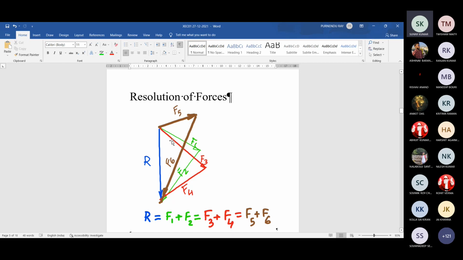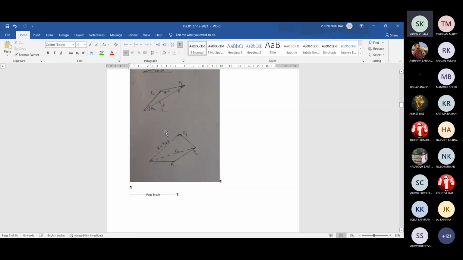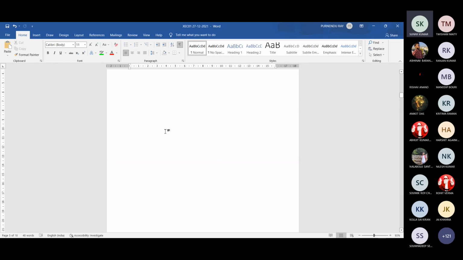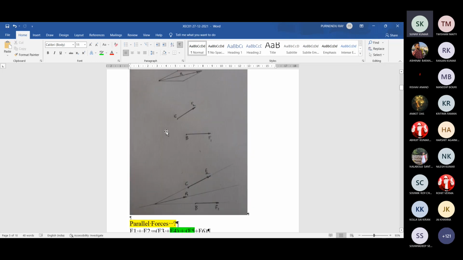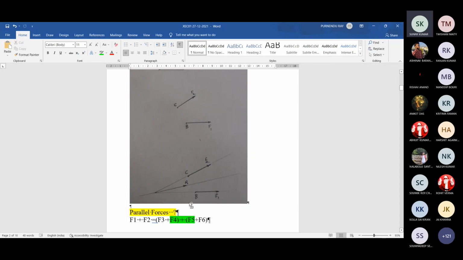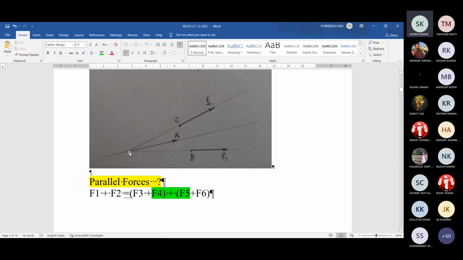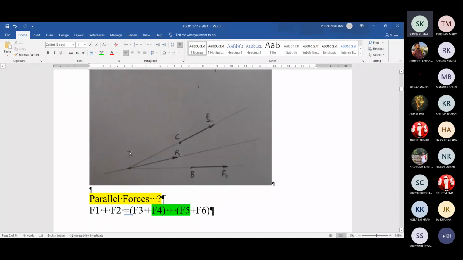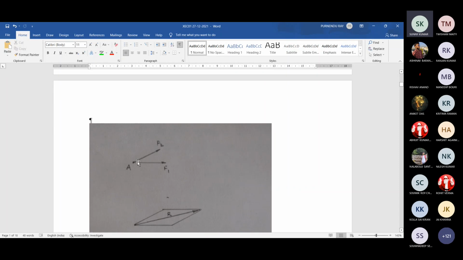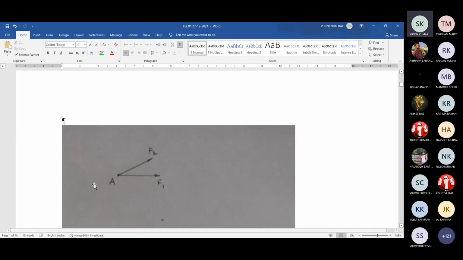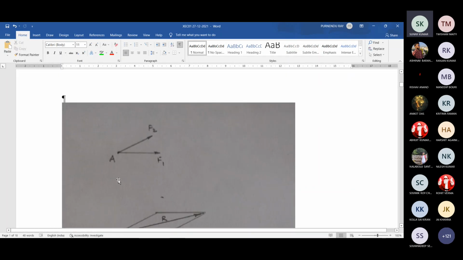Now, if you consider this force system, or maybe this concurrent force system directly. If three forces are there, one is F1, the other is F2, not according to those green line directions.